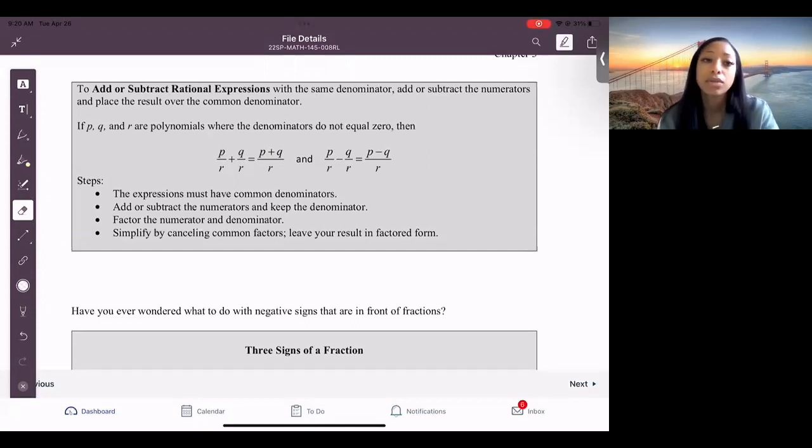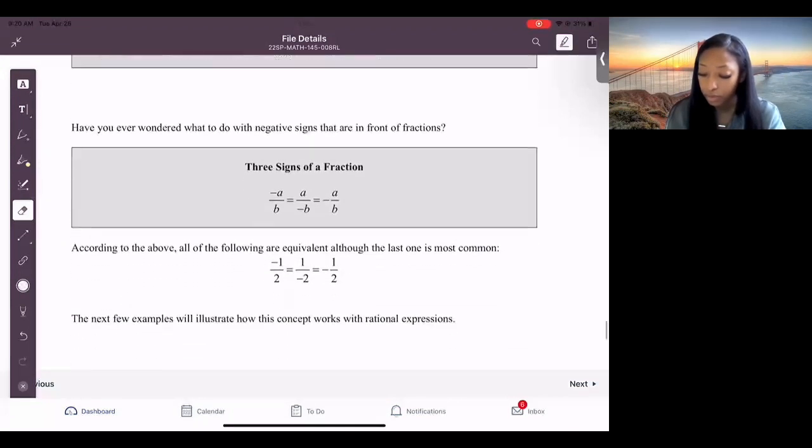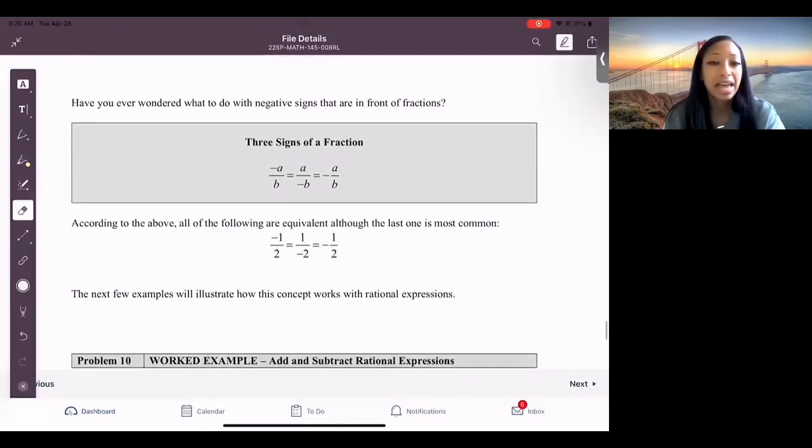Again, we have to have common denominators in order to add or subtract. For us, we'll only look at rational expressions with common denominators. Before we jump into examples, we just want to point out what it means to have a negative in front of a fraction.